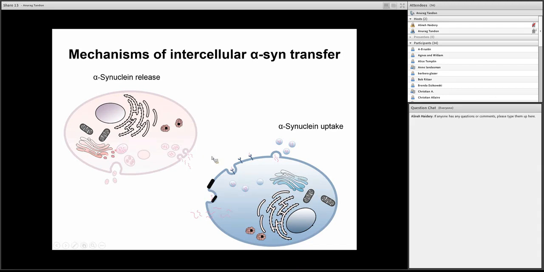So it does seem to be able to get out of cells. And we've known this for a long time. We've always assumed that this was because cells were dying and therefore they would release the synuclein. However, there may be specific mechanisms that we can now target to understand ways in which we can block the transfer of synuclein from one cell to another and thereby impede the transmission of pathology.